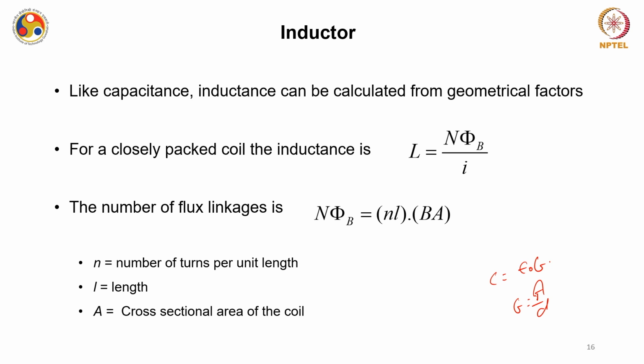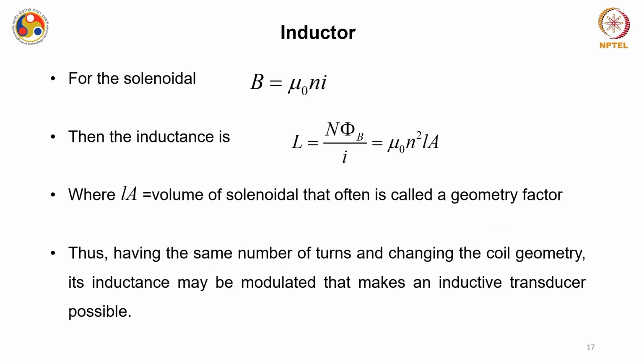The flux linkage here is N phi equal to n into l into B into A, where n is the number of turns per unit length and l is your length, okay. A is the cross sectional area of the coil. So, I can also write L as n l B into A by I, right.